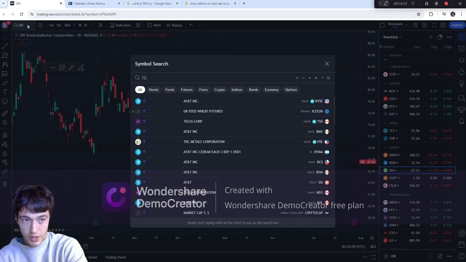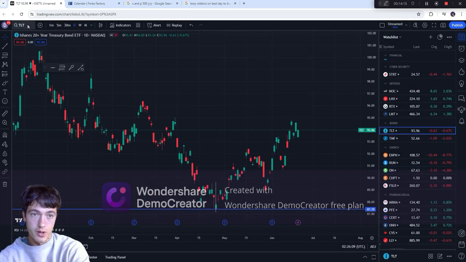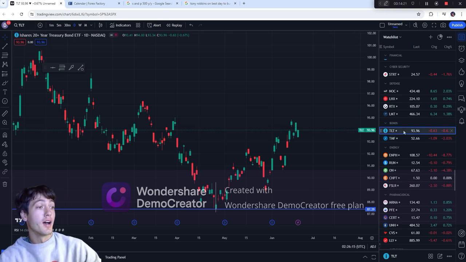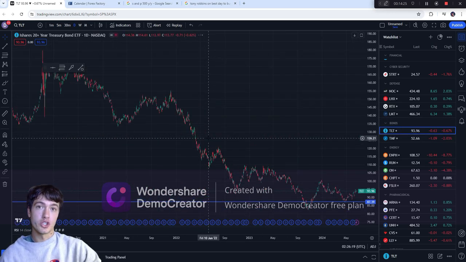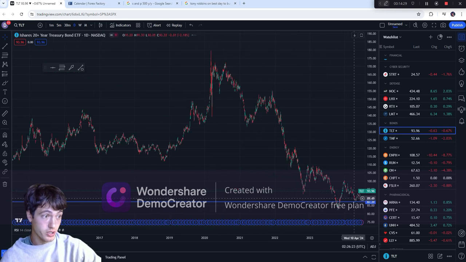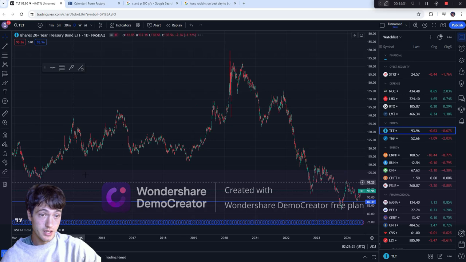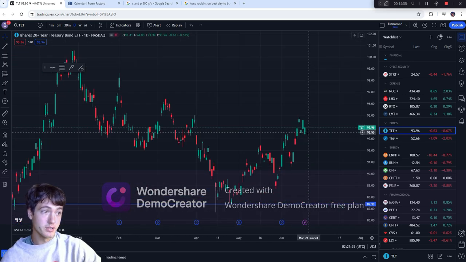A good way to gauge where interest rates are is listening to the federal government, the FOMC, and seeing where inflation and jobs are. But also look at these bond ETFs, which are highly affected by interest rates, because when interest rates go up, the price of the bonds goes down, but when interest rates get cut, the price of the bond goes up. So that's what I'm looking for on TLT.